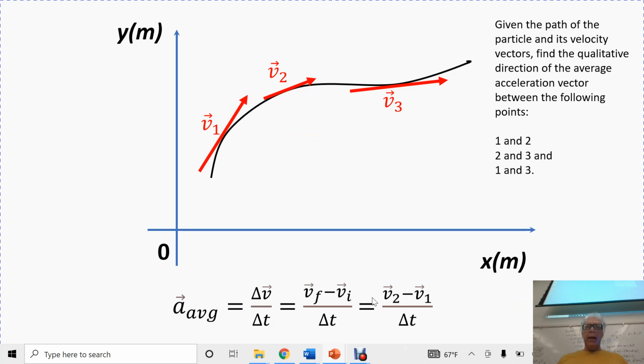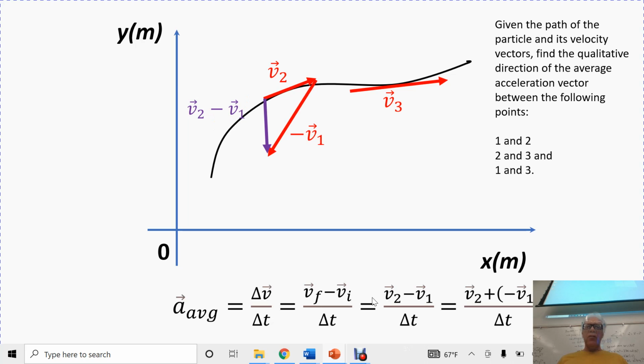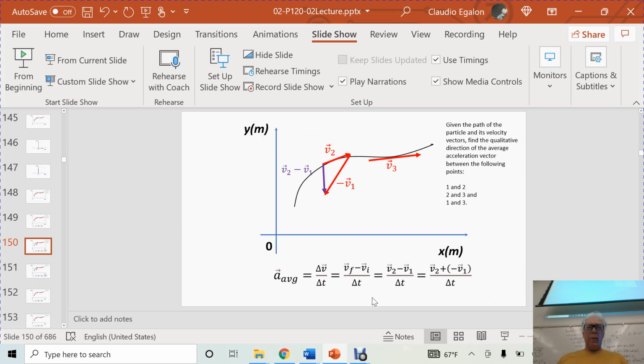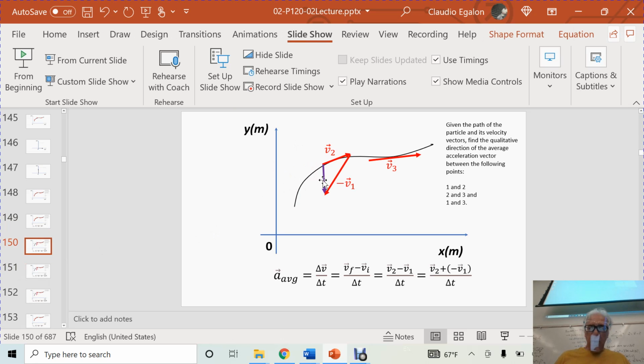When you subtract two vectors, it's actually summing the negative of another vector, right? I shouldn't have done that. Let me take this one out. I'm giving you the answer without allowing you time to think.